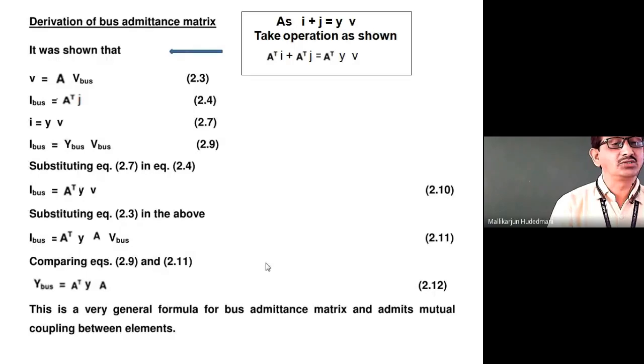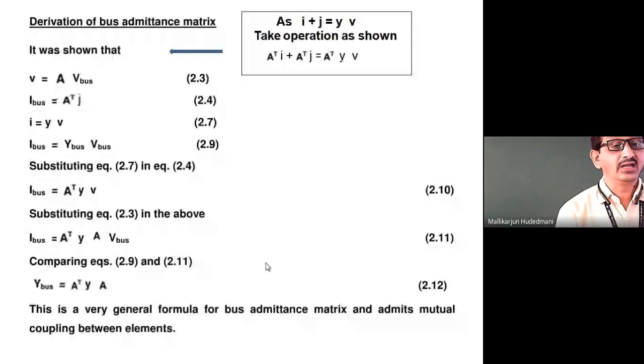What about A transpose J? A transpose J is the equivalent current source converted from that branch at the entrance of that particular element. Like JSK was the independent current source we obtained, and after transformation it becomes GK in that context.